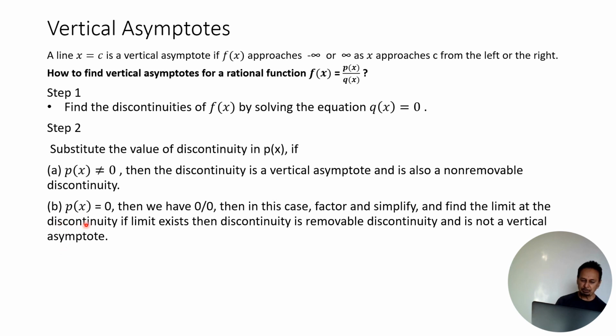If you substitute the x value in p of x and it becomes 0, then we have a 0 over 0 situation, and we can factor and simplify and find the limit at the discontinuity. If the limit exists, then it is a removable discontinuity and is not a vertical asymptote.